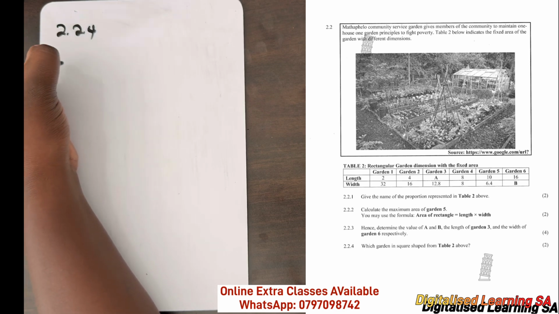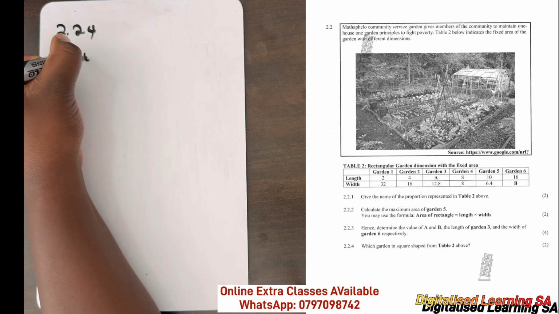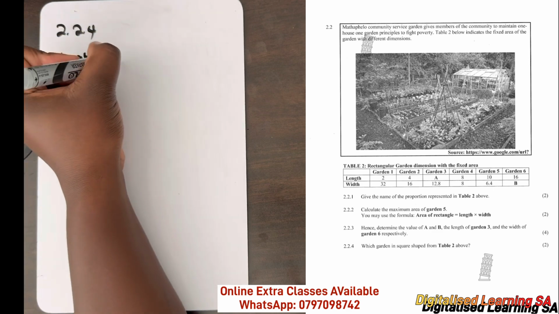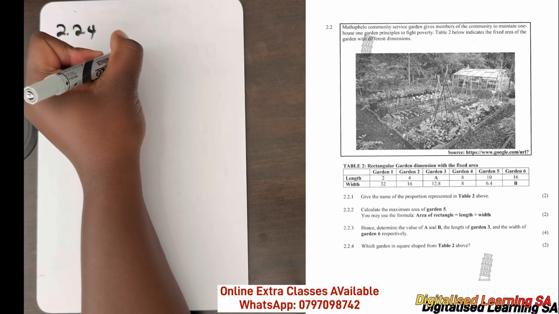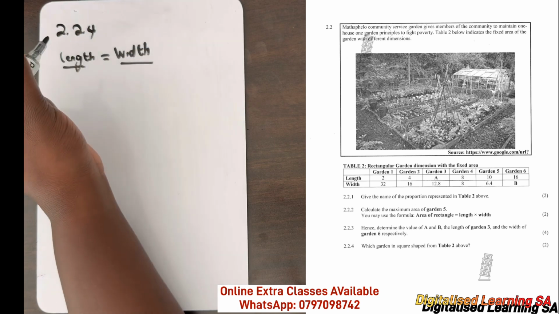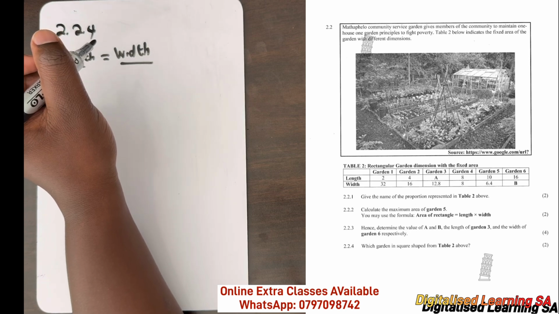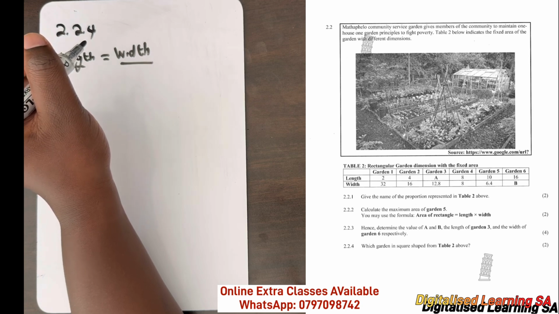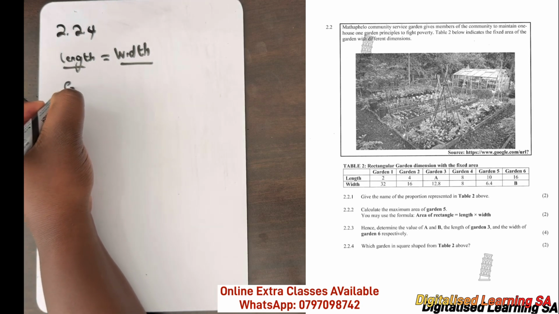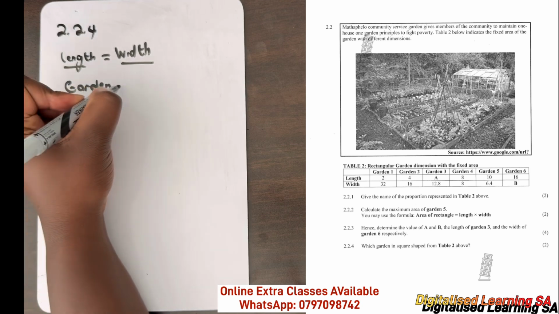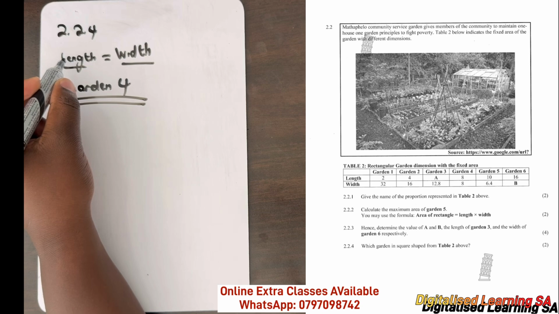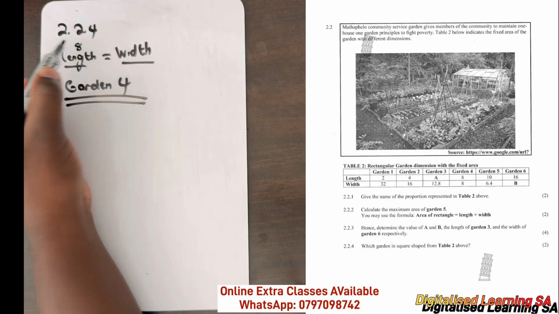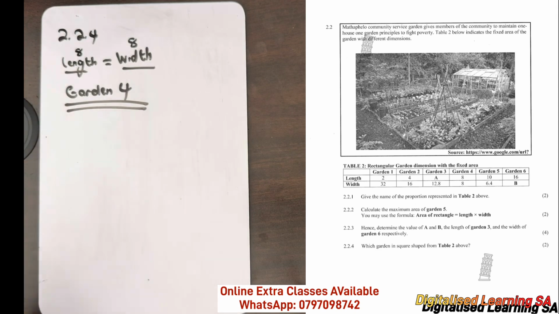Square shaped means that our length and our width need to be equal. If we look at table 2, the only time our length was equal to our width was in garden 4, so the answer will be garden 4, because our length is equal to our width. The length was 8 and the width was also 8, meaning that this is a square shape, and the answer is garden 4.